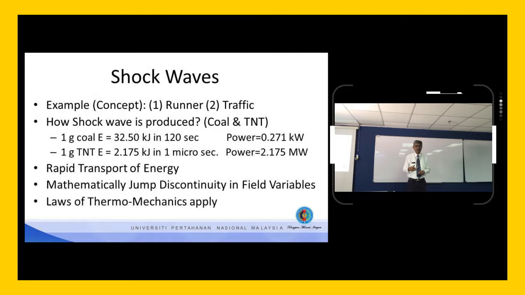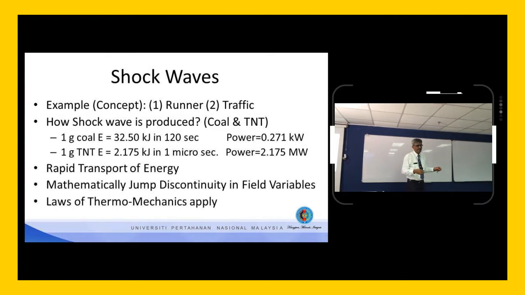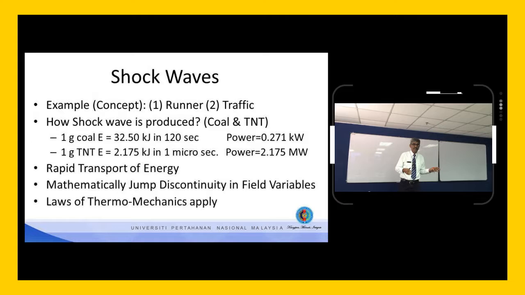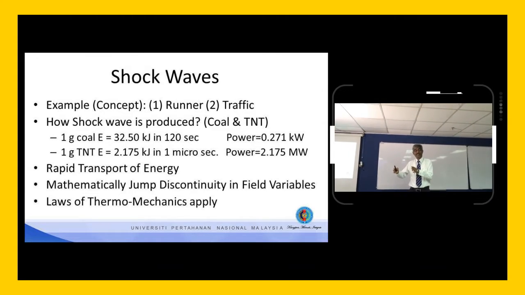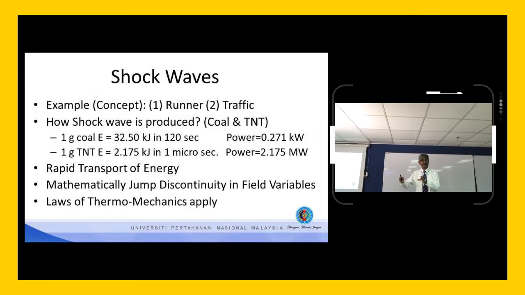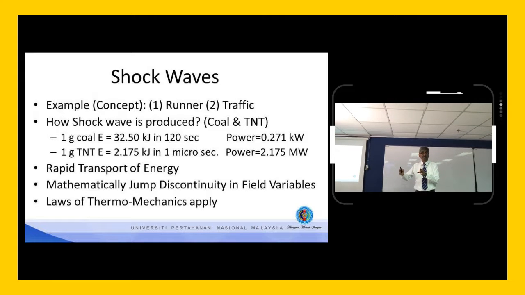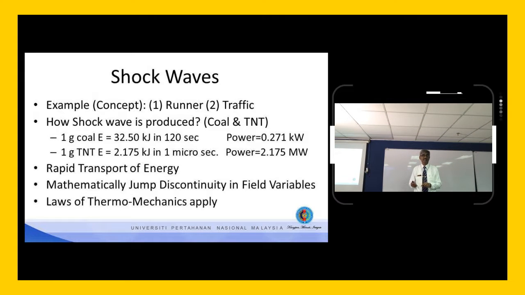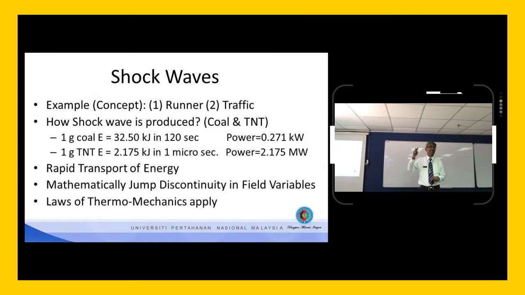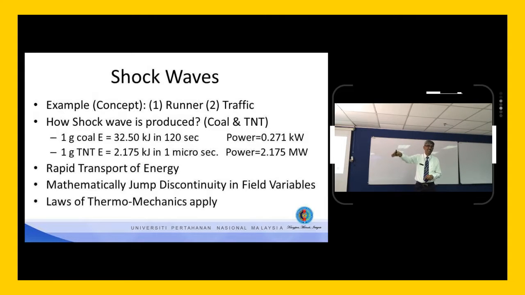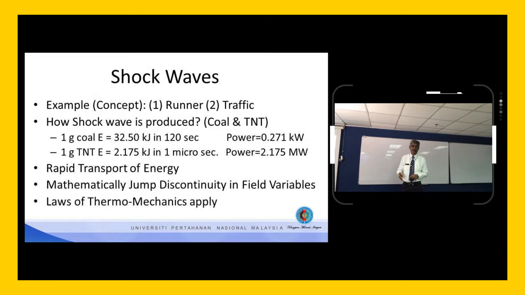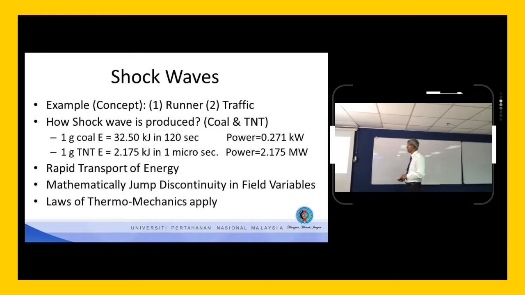So the rear driver also pulls the brake, and most of the cars get piled up or come closer to each other. Now you can say the car density has increased, and that density increase would come backward from the site of the accident or obstruction, whatever.